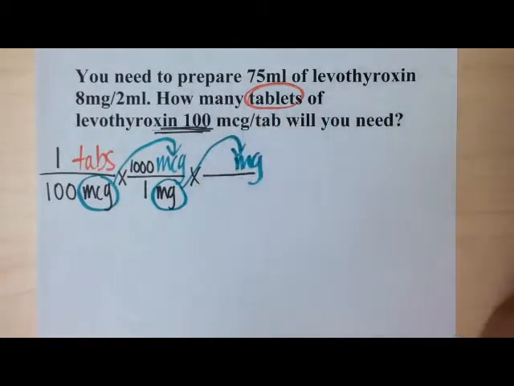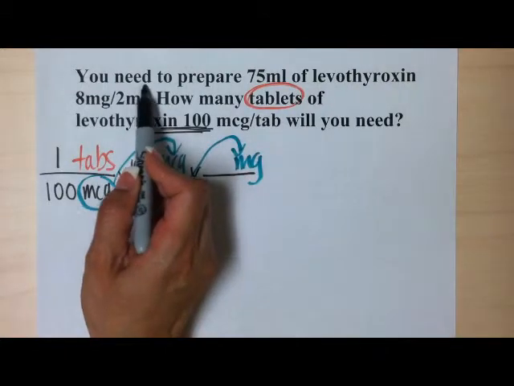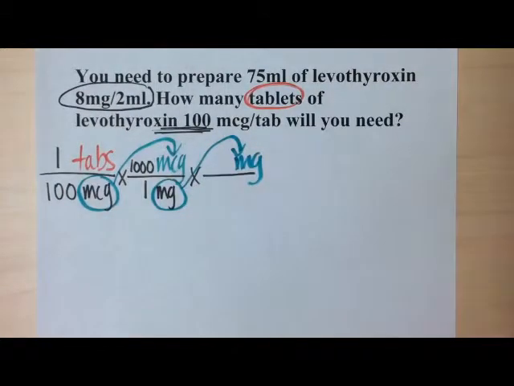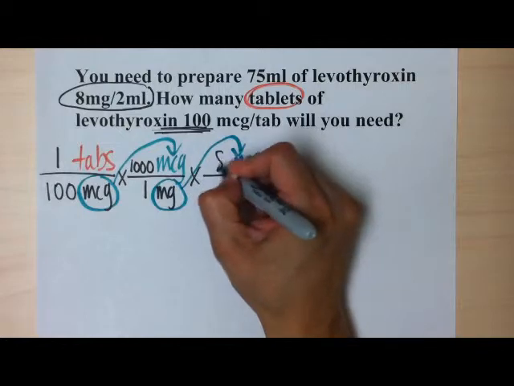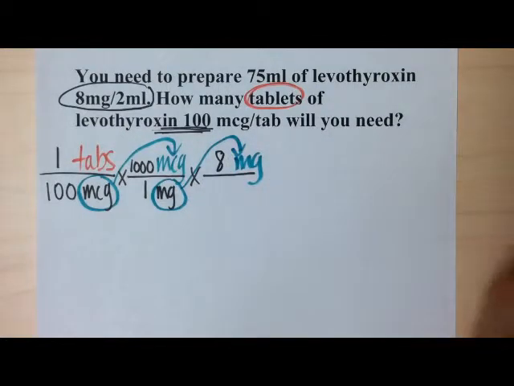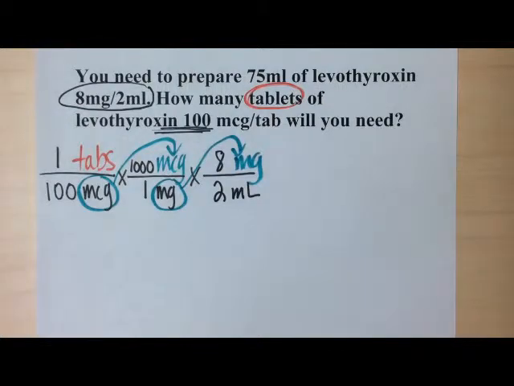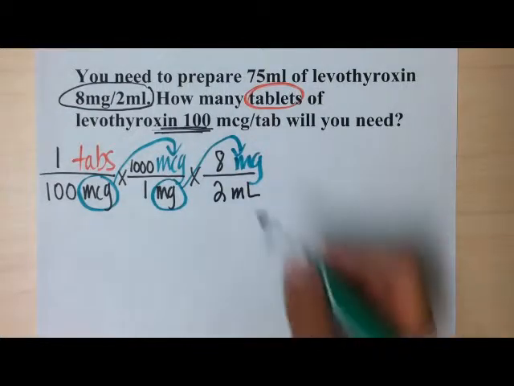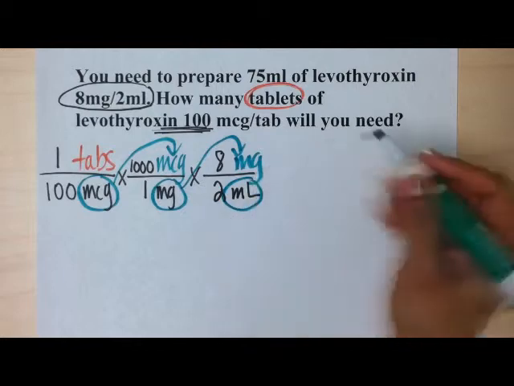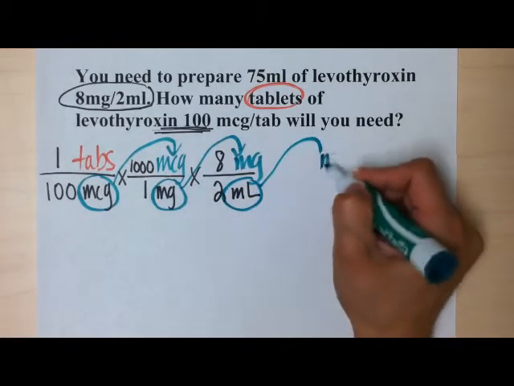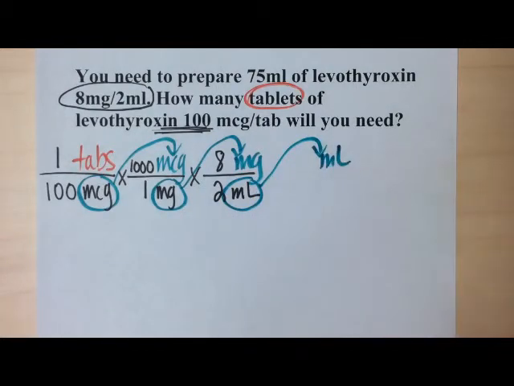We can look through our problem. I see this concentration, 8 milligrams for every 2 mLs. Okay? Now, if we have mLs here, I know that mLs will be the very next unit.